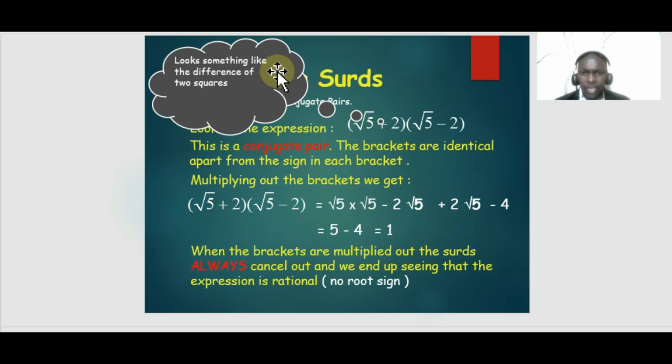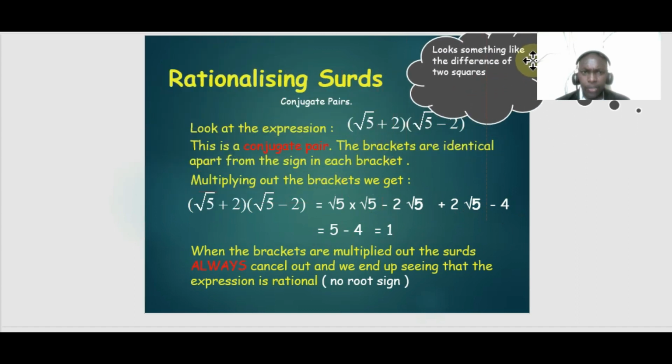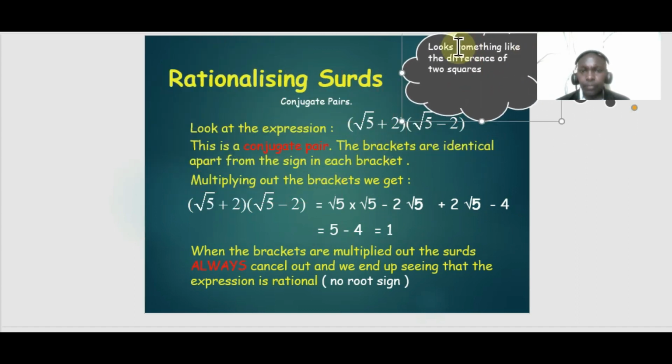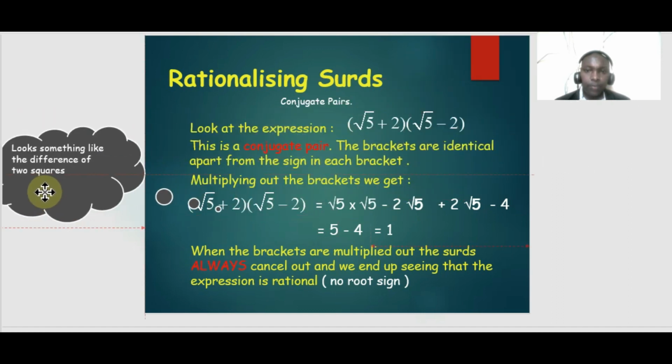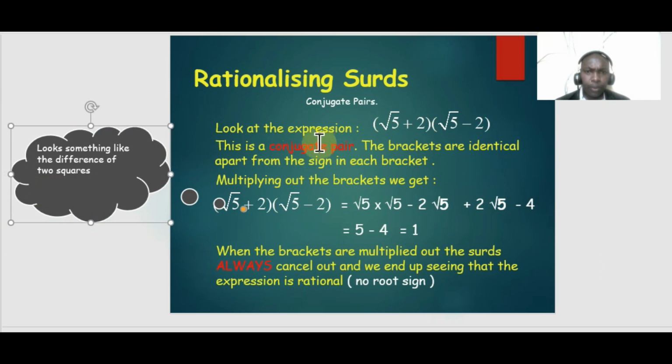Now, as you've said, when you are rationalizing the surds, we look at it as a difference of two squares. When you look at this example that is here, when you look at this expression, root of 5 plus 2 into brackets root of 5 minus 2, this is a conjugate pair.